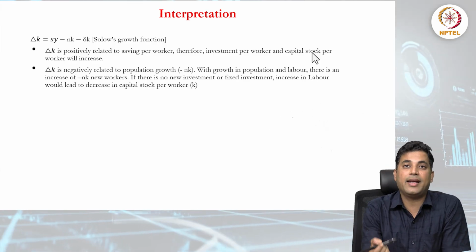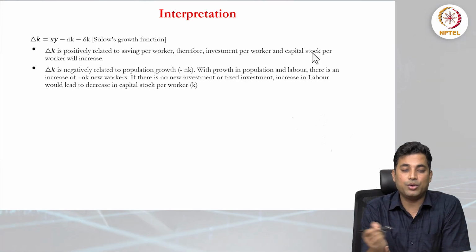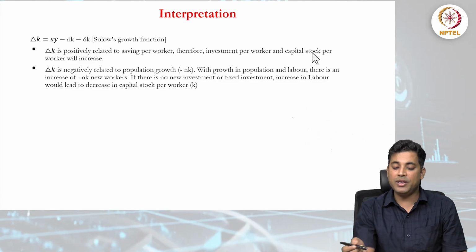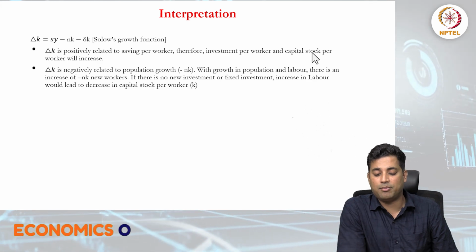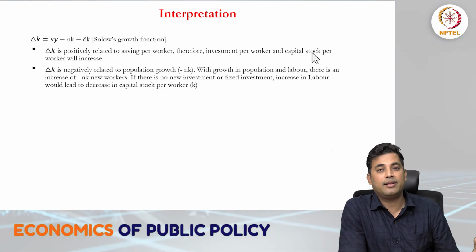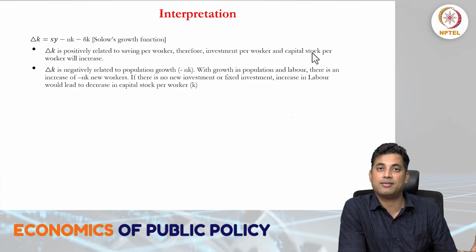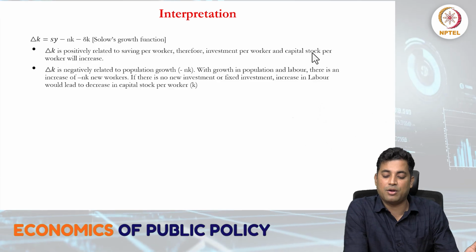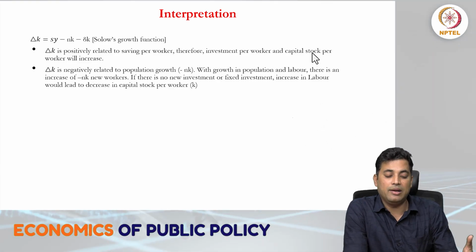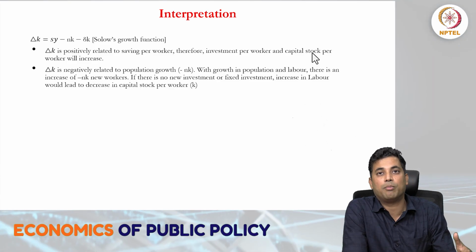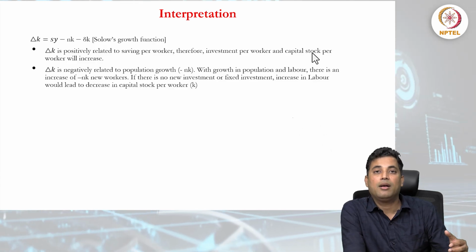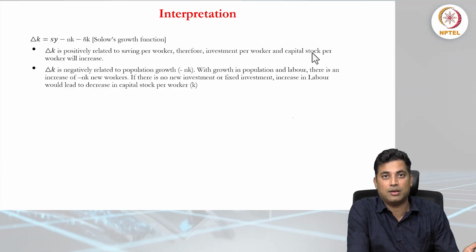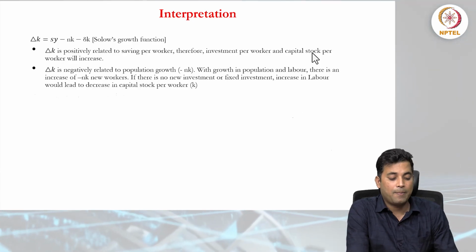Then delta k is negatively related to population growth by the minus nk amount, which means with the growth in production and labor, there is an increase of nk amount of new workers. If there is no new investment or fixed investment, an increase in labor will lead to a decrease in the capital stock per worker. So that is why population growth is negatively related to changes in the capital per worker.